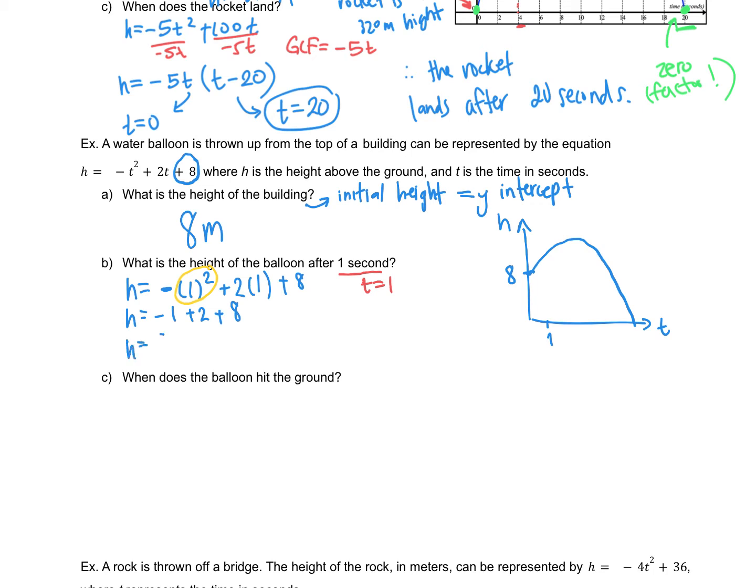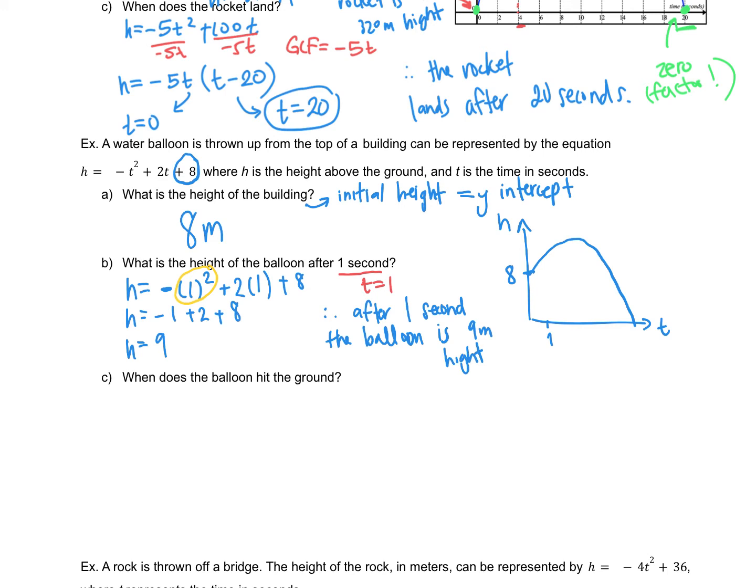And you can just plug that all in at once in your calculator. So that means after 1 second, the height of the balloon is 9 meters. So after 1 second, the balloon is 9 meters high.